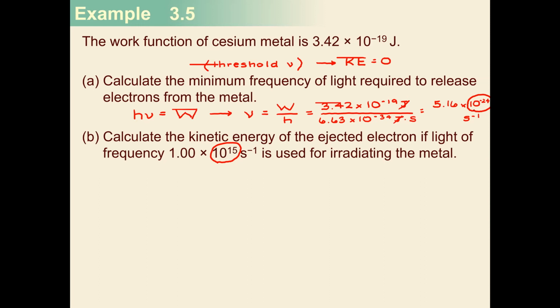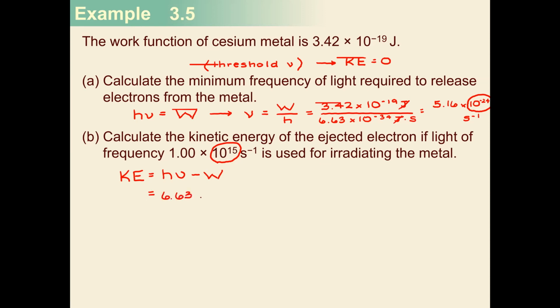Well, we're now going to see that when we have our reaction, how can we get our electrons to move? So this means that our kinetic energy is equal to our h nu minus the work function.